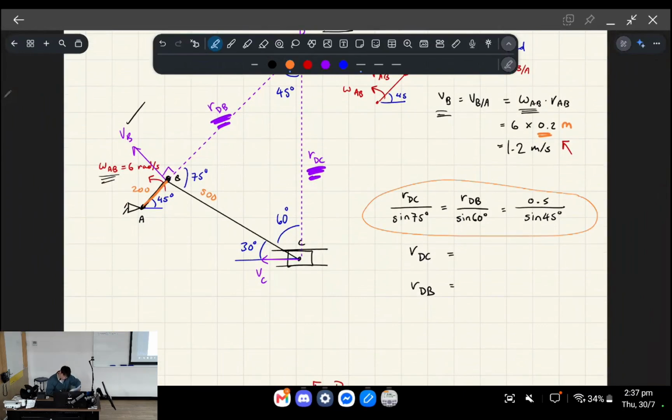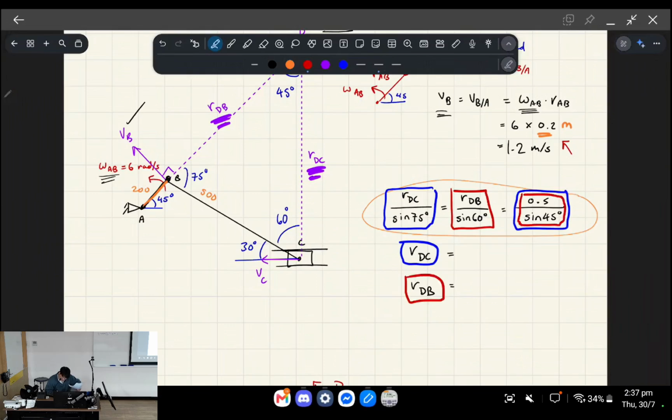So for the first scenario, we can equate these two in blue, and if we equate those two in blue, you can solve for the remaining unknown. The other thing we can do is equate this with this one again, giving us this unknown, okay? So these two numbers are 0.683 meters and 0.612 meters, okay?